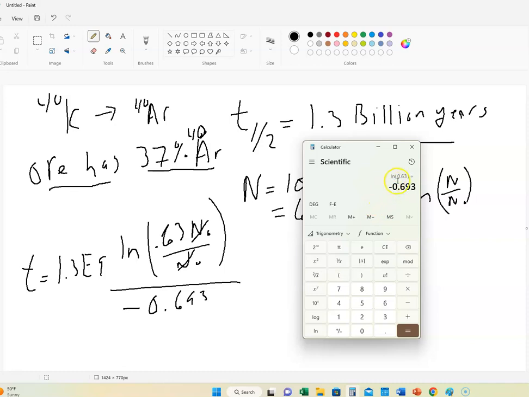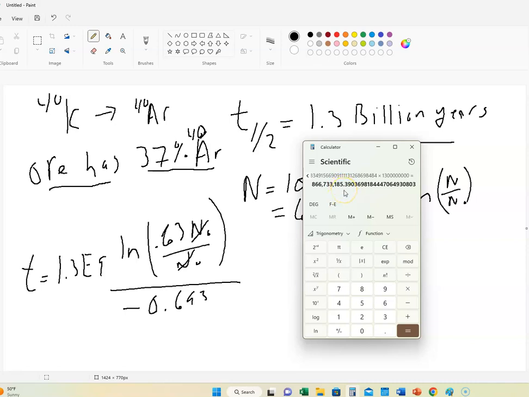So I'm dividing the natural log of 0.63 by negative 0.693, and that gives me what this fraction is. Then we multiply that times 1.3 billion years, 1.3 with exponent to the 9th. So we'll figure out how many it is.